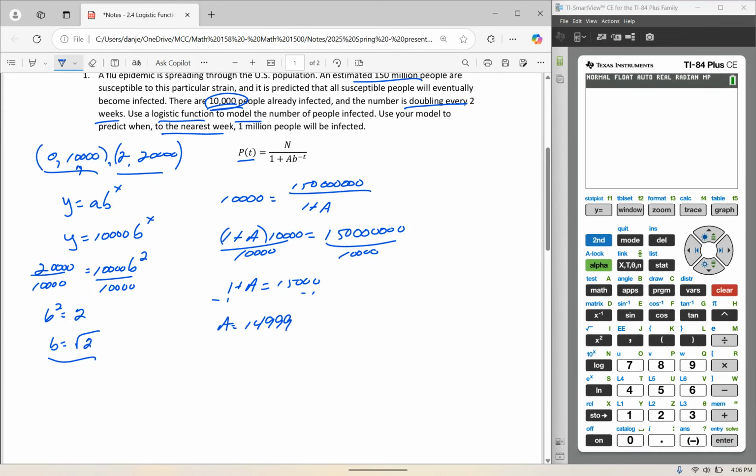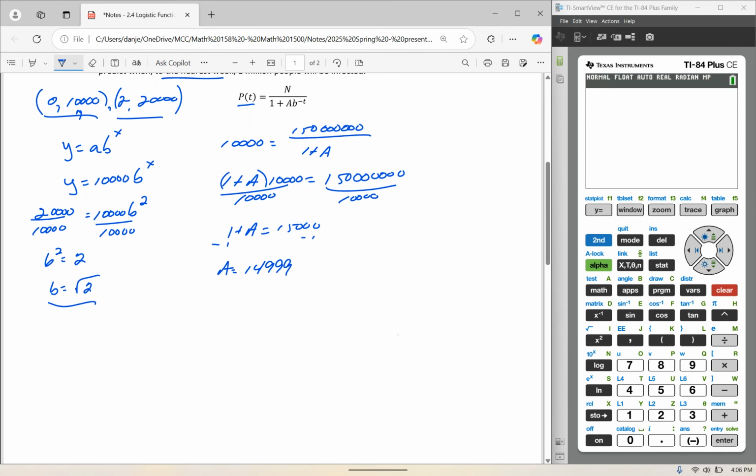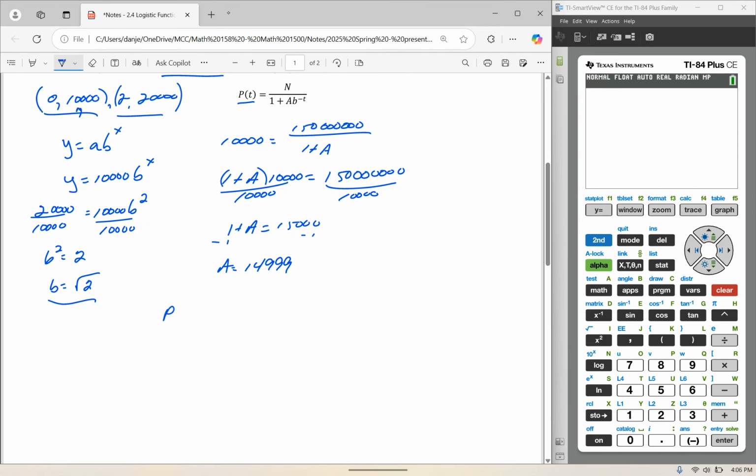We can now substitute all of these values in here because we know P of t is N, that limiting factor, that maximum, over 1 plus, we just found that a is 14,999, and we found over here to the left that our b is the square root of 2. Okay, so this is the function that I'm going to use to model the increase.